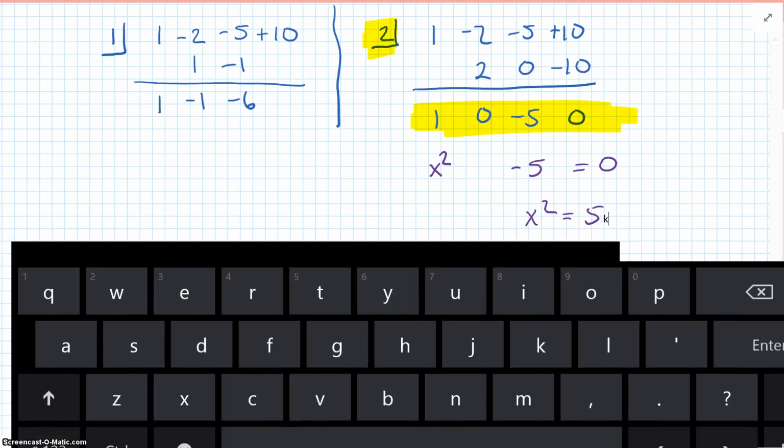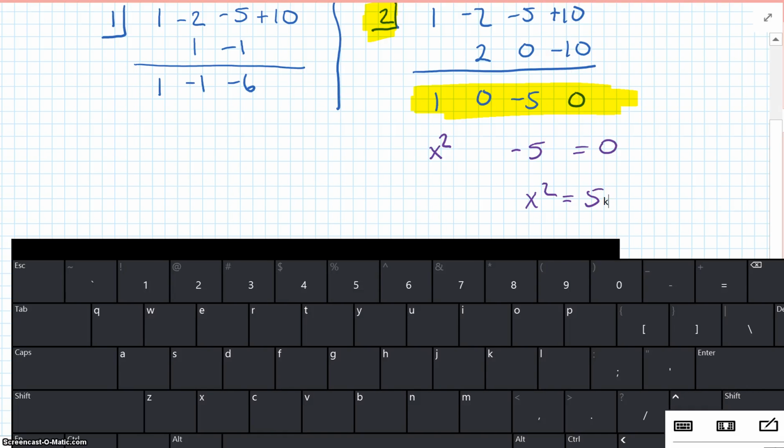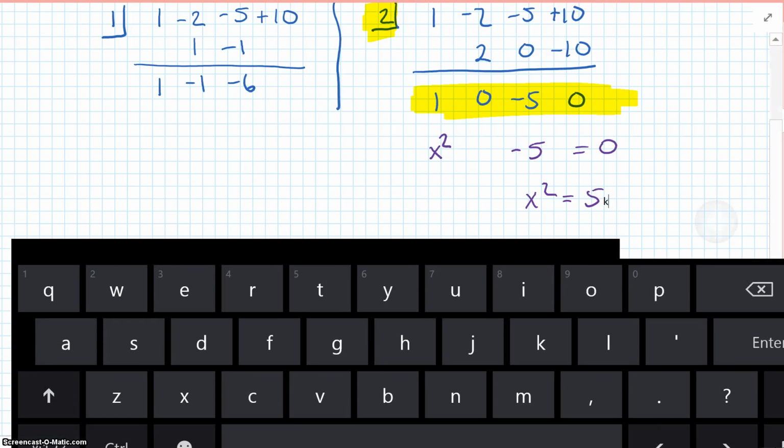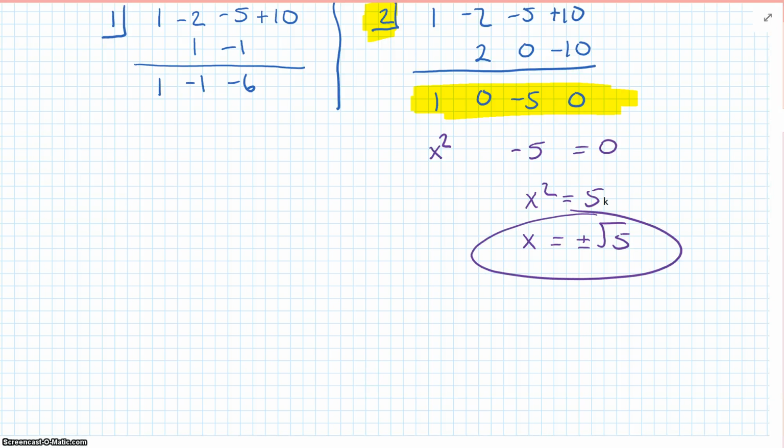Square root each side, so x equals plus or minus the square root of 5. Okay, don't forget the plus or minus. So there we go. So there are the other two roots.